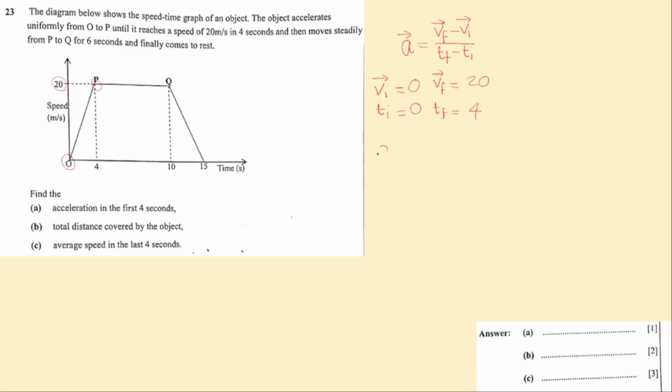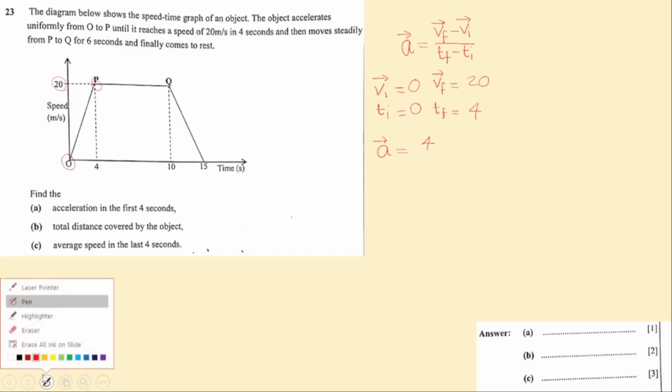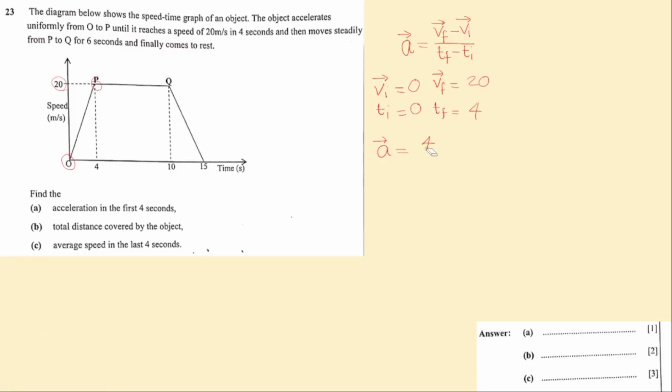So when we substitute those values in this formula, the final velocity in that interval is 20 minus the initial velocity.